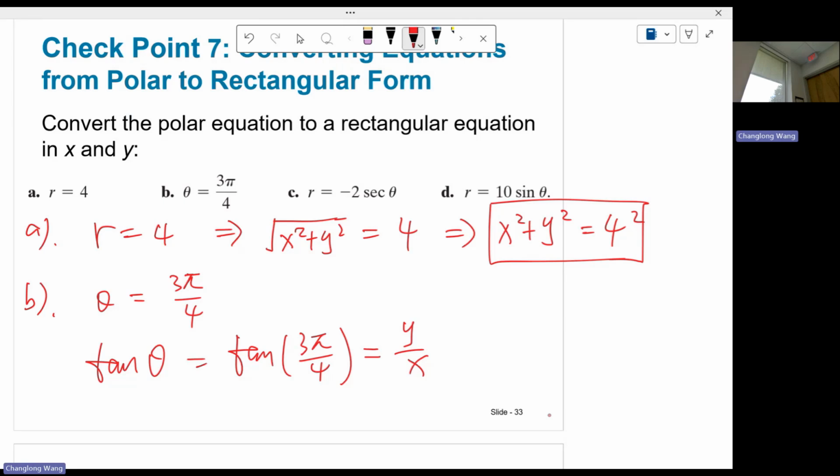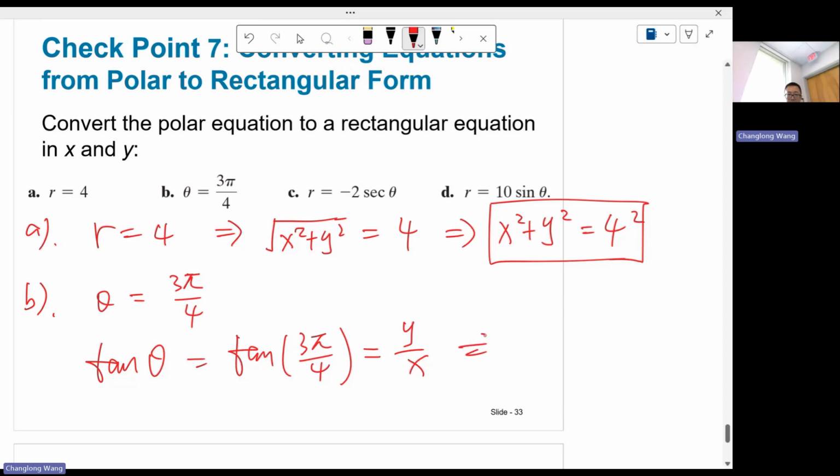Would you go ahead and calculate it right away to see how much it is? And you could do that, because you don't have to memorize this kind of angle. But make sure that you're in radian mode, 3 pi over 4. I believe that if you do that in the calculator, it will return -1.